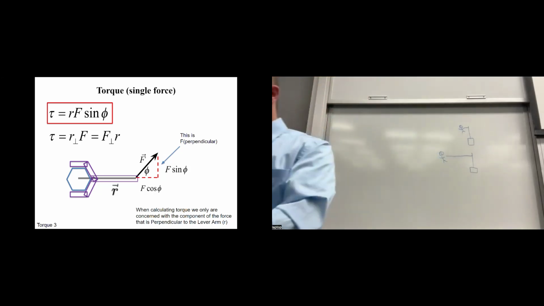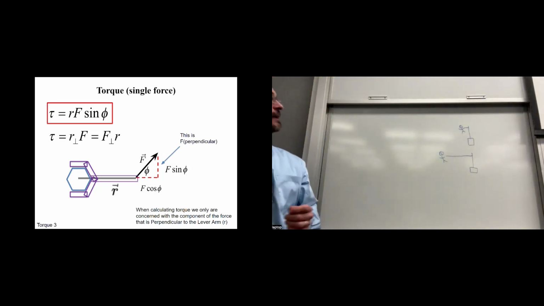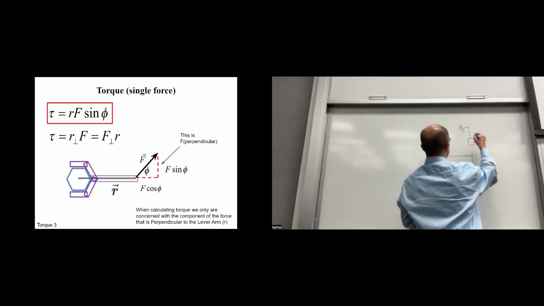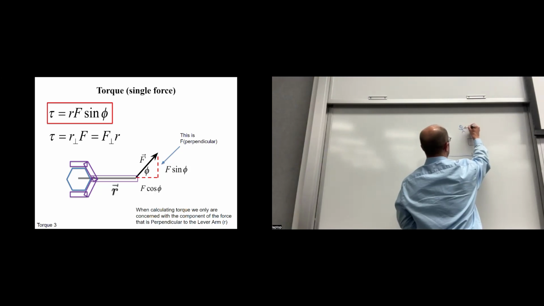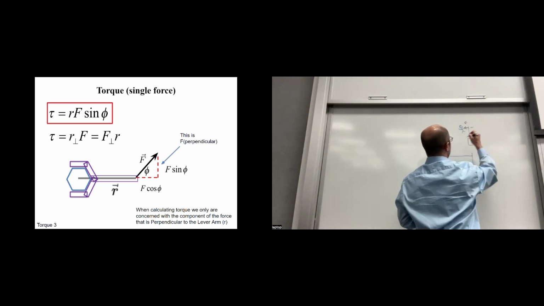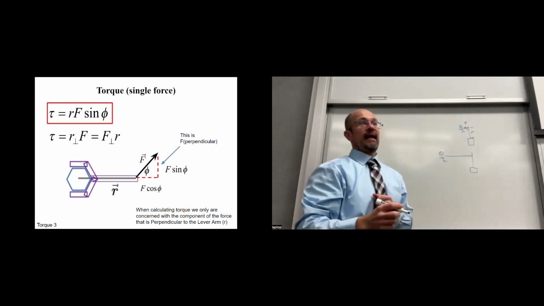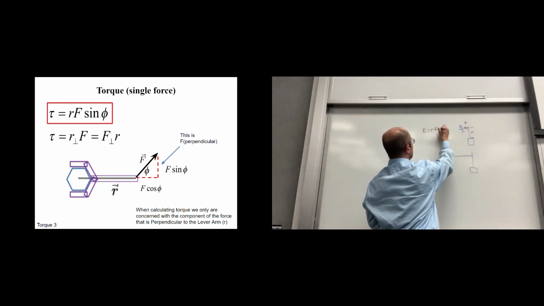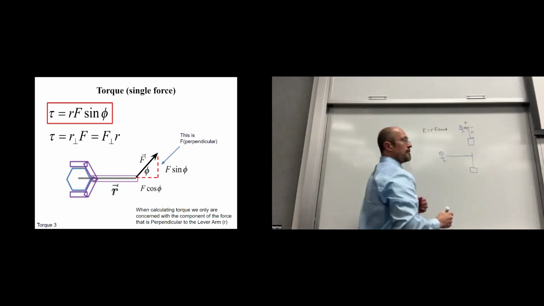All right, so when we're looking at this person pulling on the rope, in the first case, we'll just measure from the box just to keep it easy. They have some force applied here at some distance r, and we noticed that in the picture they made sure that was a right angle. They showed that as a right angle so that we see torque is r F sine phi.